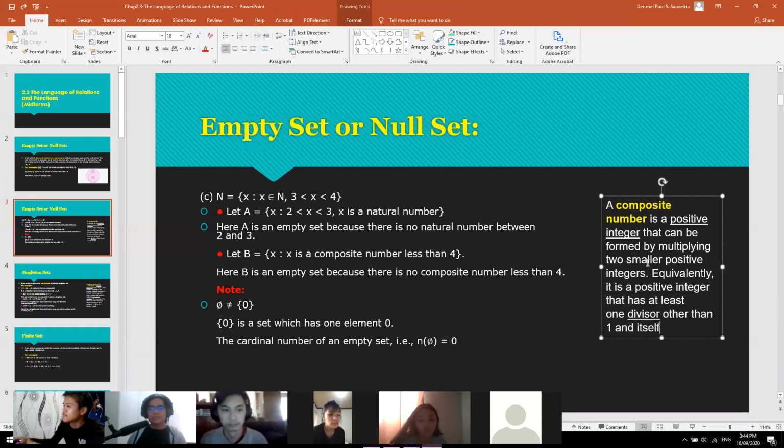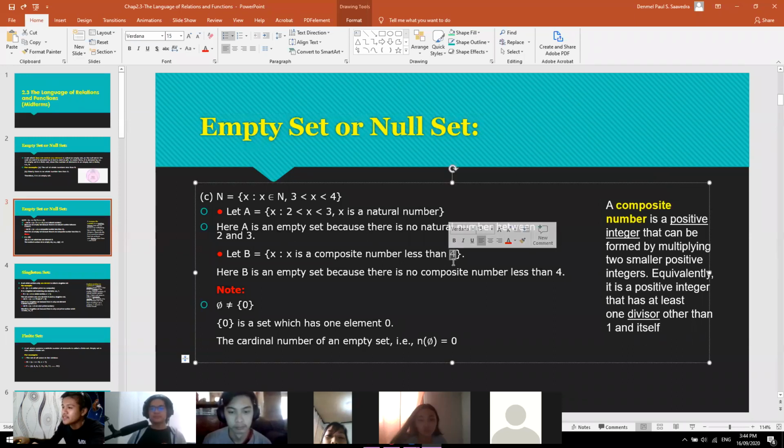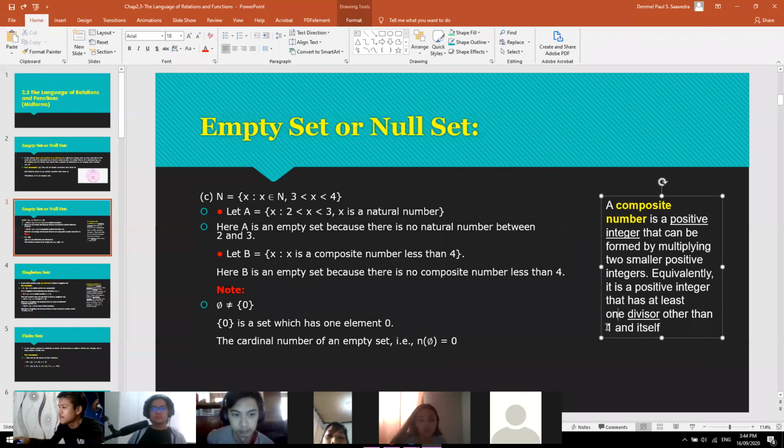Equivalently, it is a positive integer that has at least one divisor other than 1 and itself. So kung papansinin nyo, 4 is a composite number since pwede nating mabuo to or makagawa ng 4 out of 2 times 2 other than 1 times 4, okay? Kasi yun yung parang rules dito, other than 1 and itself.